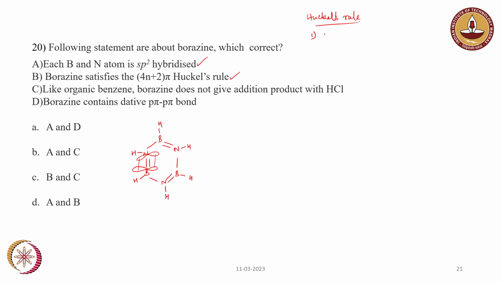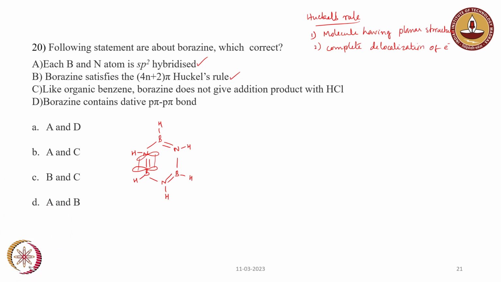One is the molecule should be planar, and two is complete delocalization of electrons, and three is the presence of 4n plus 2 pi electrons.